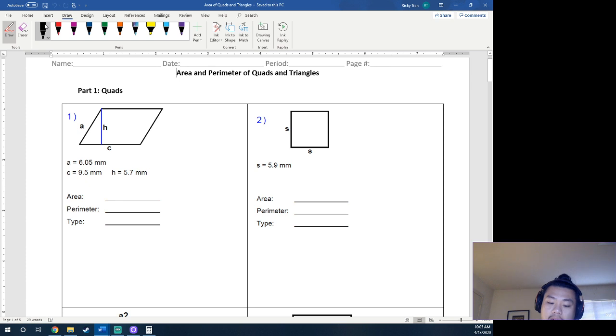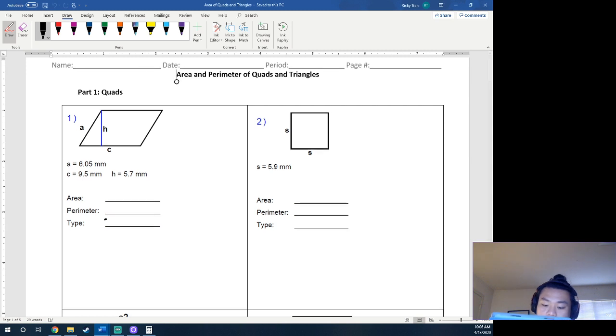Our first quadrilateral is a, what do you guys think? It's a parallelogram. You guys remember what a parallelogram is? Well, this is a parallelogram if you don't remember.